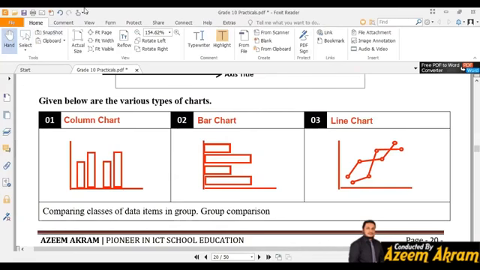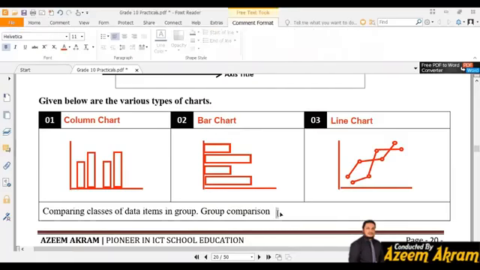In the exam they are going to ask about some sort of chart. If two items are compared, comparing classes of data items in a group, remember always two items are compared.